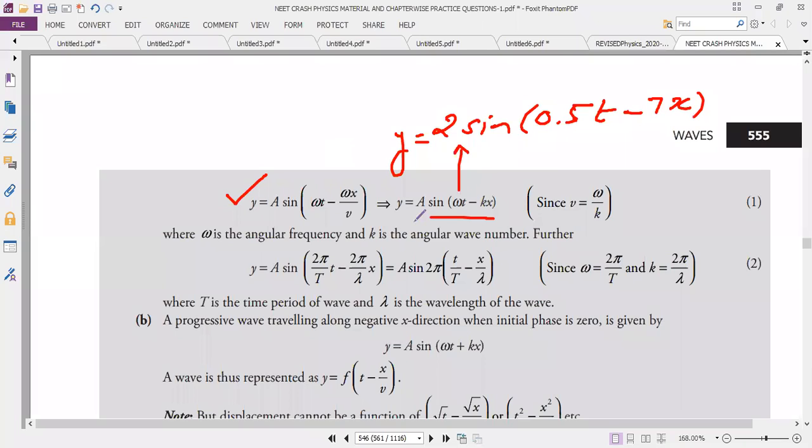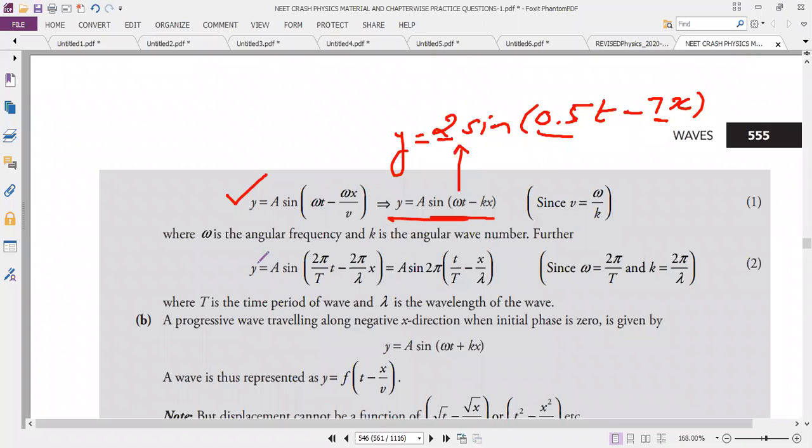Based on the equation only, you want to understand the values: the value of a is 2, the value of omega is 0.5, the value of k is 7. Like that, you want to take from the general equation.